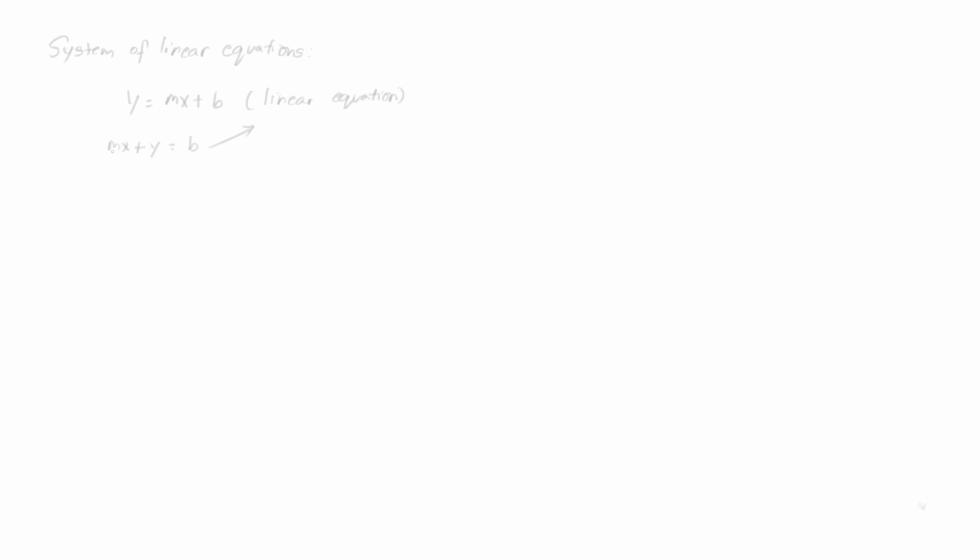Excuse me. It should be that. So a system of linear equations will involve two linear equations, and it could either be consistent or inconsistent.